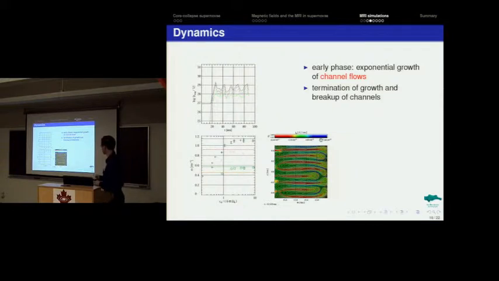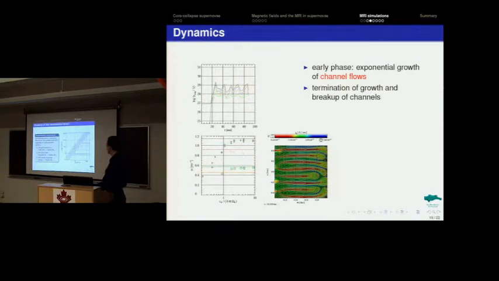This is Z and radial. Those are characteristic of the initial phases of the exponential growth of the instability. Basically, those are pairs of upflows and downflows with alternating magnetic fields. Later on, those channels break up and the growth terminates.